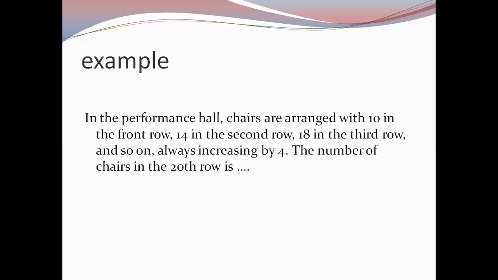Example: in a performance hall, chairs are arranged with 10 in the front row, 14 in the second row, and 18 in the third row, and so on, always increasing by 4. The number of chairs in the 20th row is?